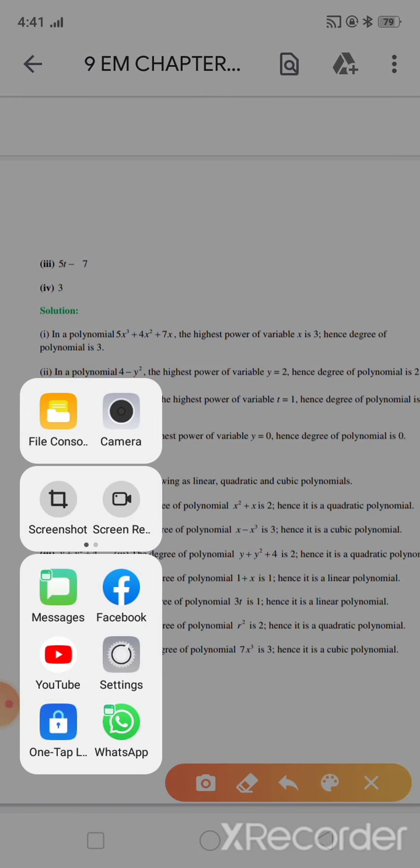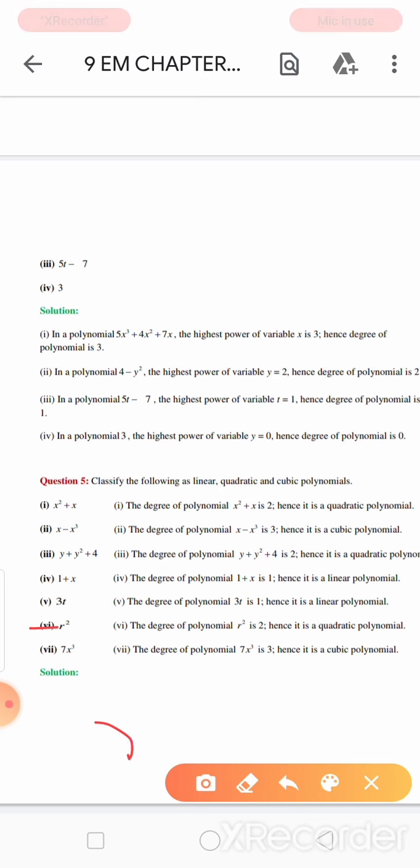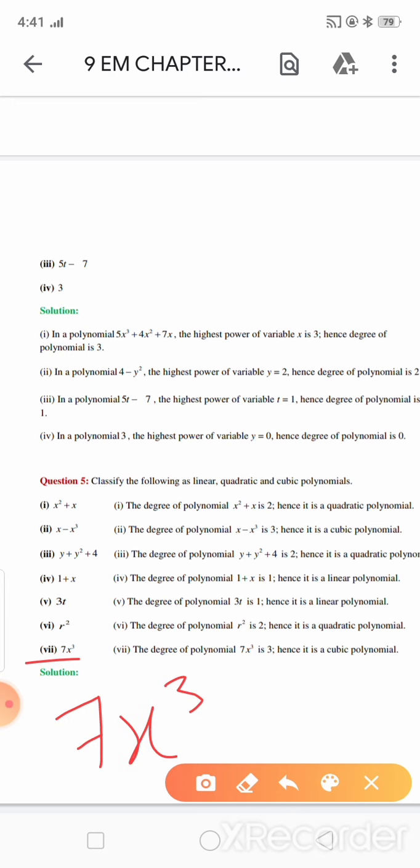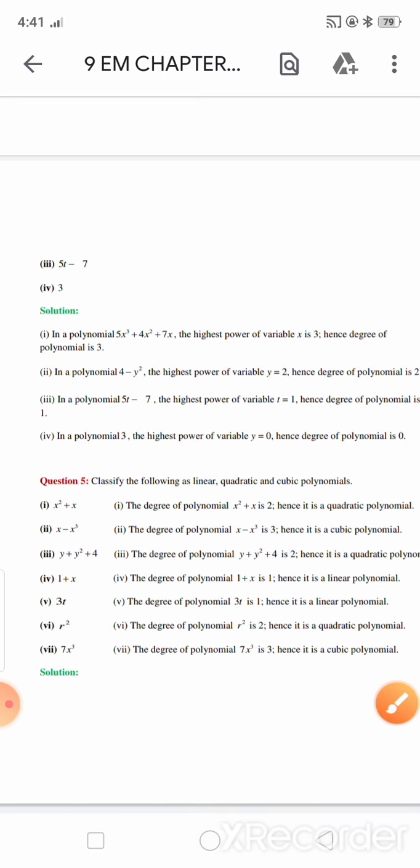The polynomial is r square. So the highest degree of variable r is 2, so it is a quadratic polynomial. And last, the polynomial is 7x cube. The highest degree of variable x is 3, so it is a cubic polynomial.